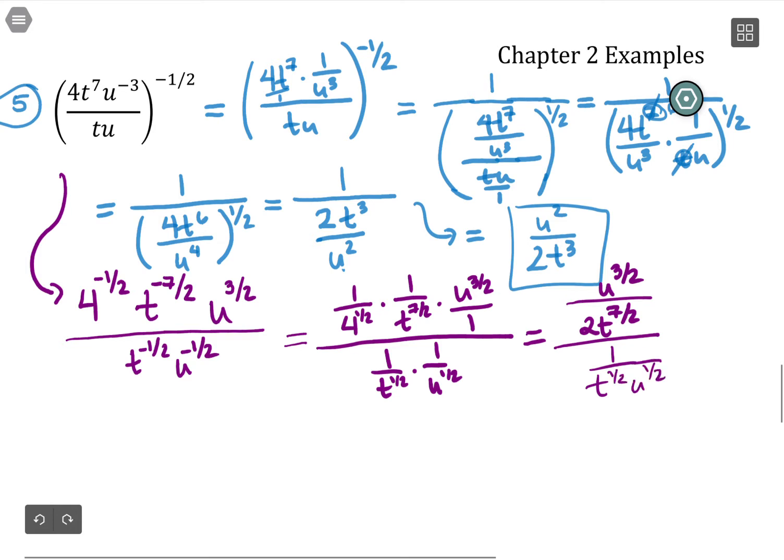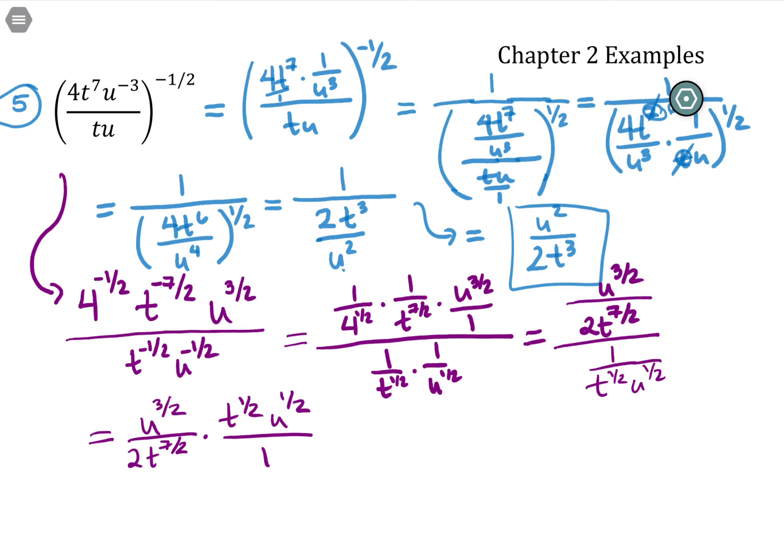Okay, so now I can flip and multiply. I get u to the 3/2 over 2t to the 7/2 times t to the 1/2 u to the 1/2 over 1. Okay, so let's see what we can do.